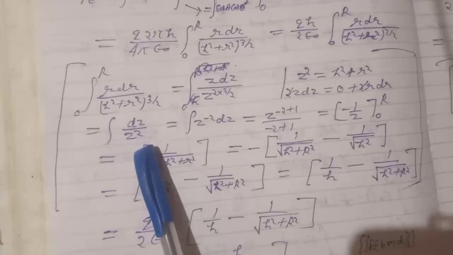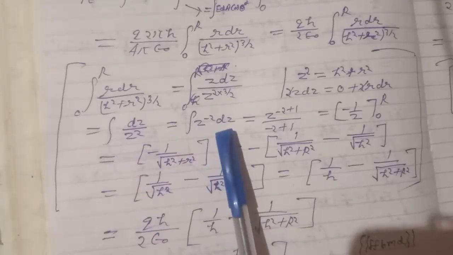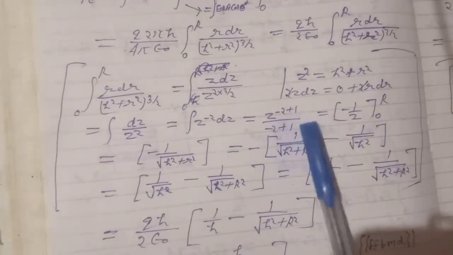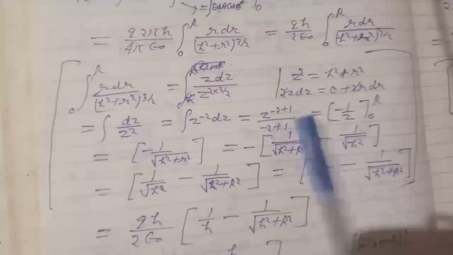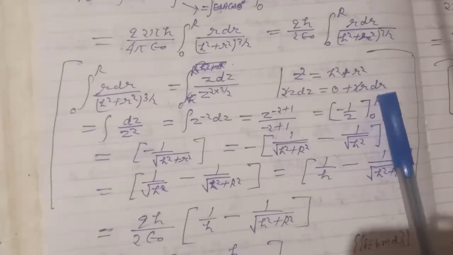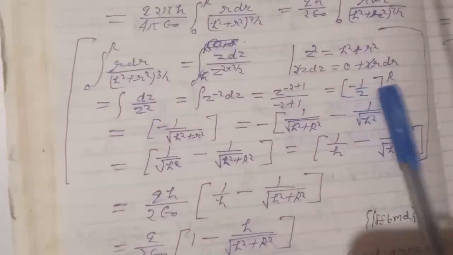So integration dz by z square, and integration z to the power minus 2 dz, or z to the power minus 2 plus 1 divided by minus 2 plus 1. So in the limit, minus 1 by z from 0 to r, we get the value of the integration.